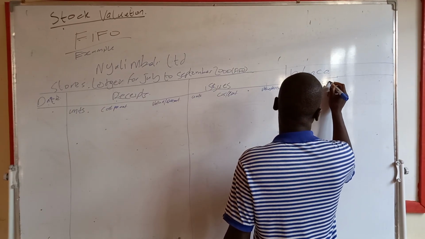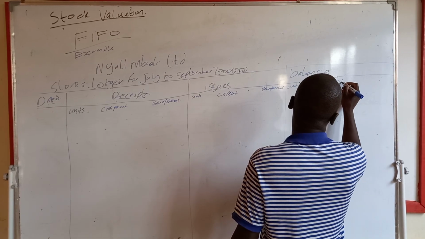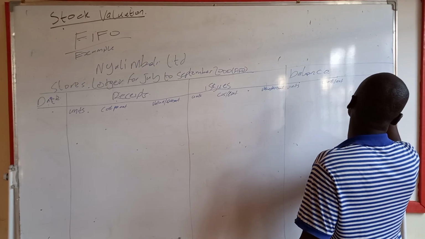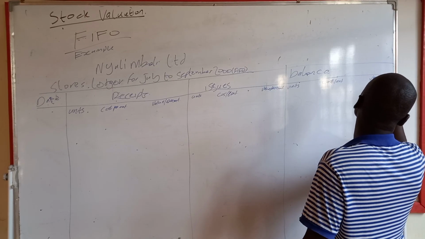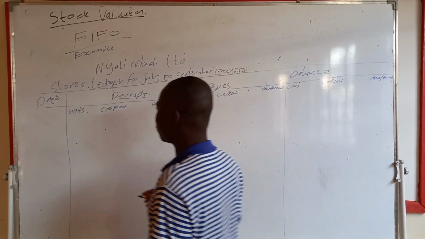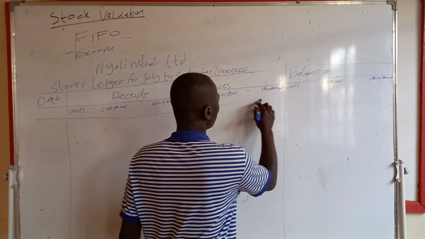You have cost per unit. Then we have amount, value. So that's what we have. You rule your work very well.